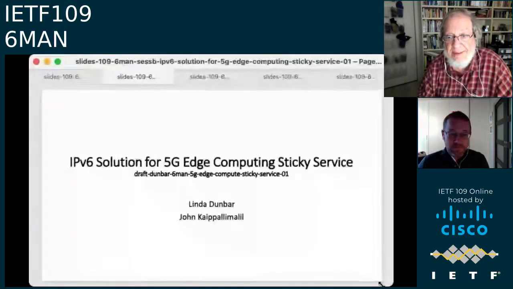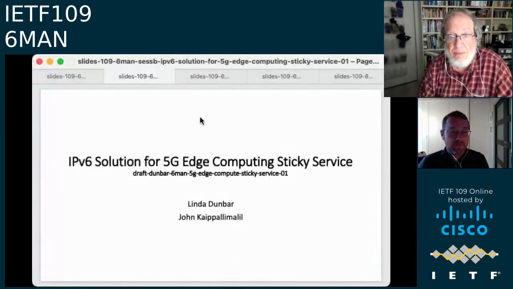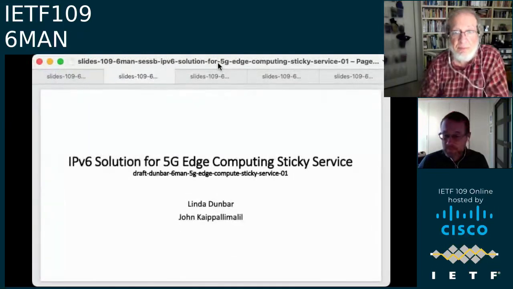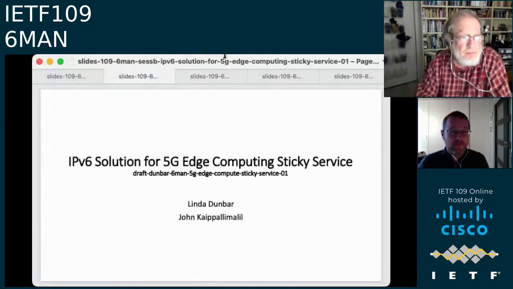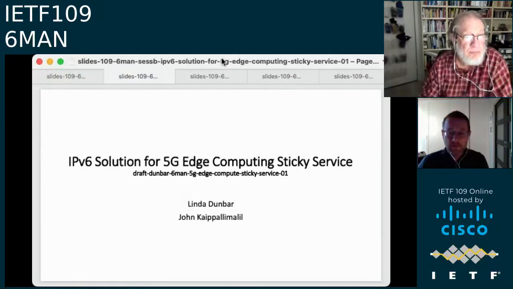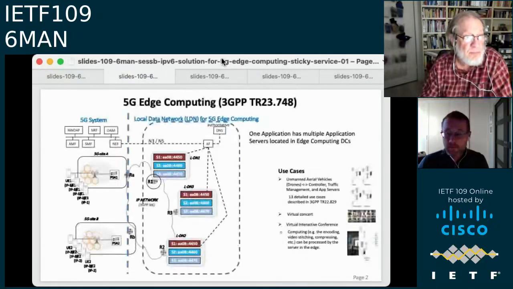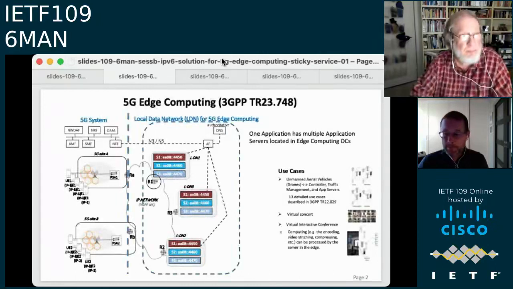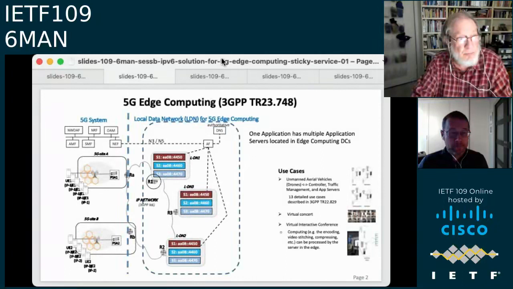I'm going to talk about an IPv6 based solution for the 5G edge computing sticky service. A little bit of background: 5G edge computing is a project in 3GPP SA2 under the project 23.748.